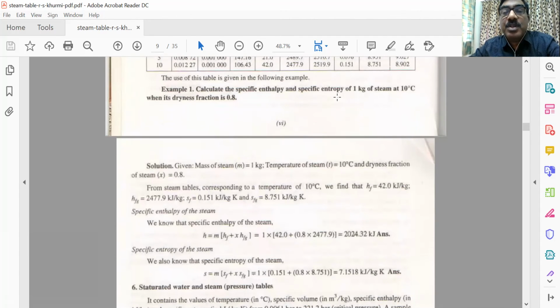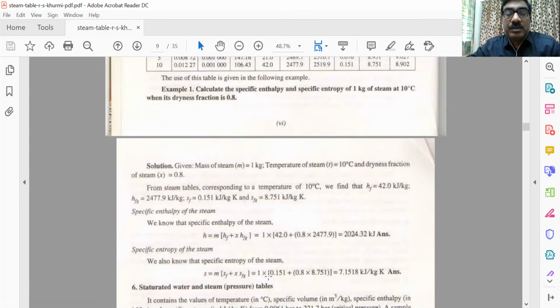Calculate the specific enthalpy and specific entropy of 1 kg of steam at 10 degrees centigrade when its dryness fraction is 0.8. That means it is a vapor. It is not completely vaporized into gas. There is some amount of moisture and some amount of gas. This fraction defines how much gas is there within the mixture. So 1 minus 0.8, that is 0.2, means 20% moisture is there.